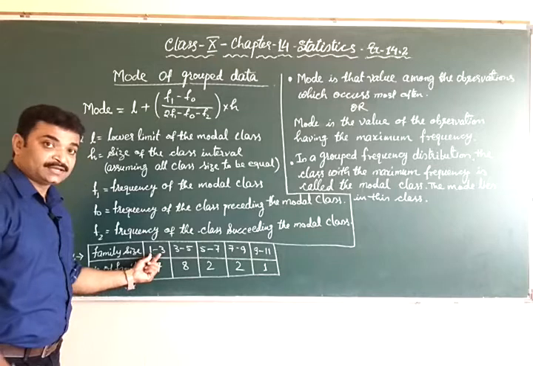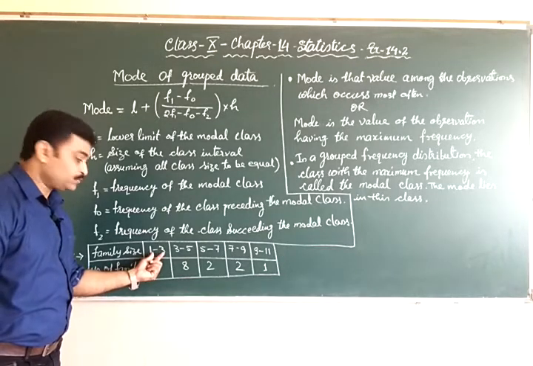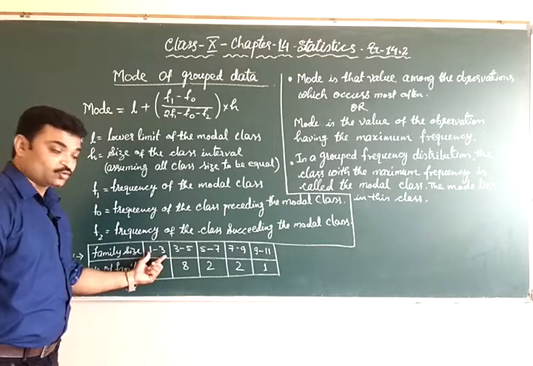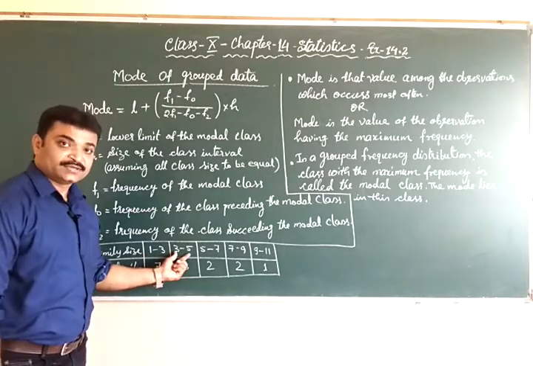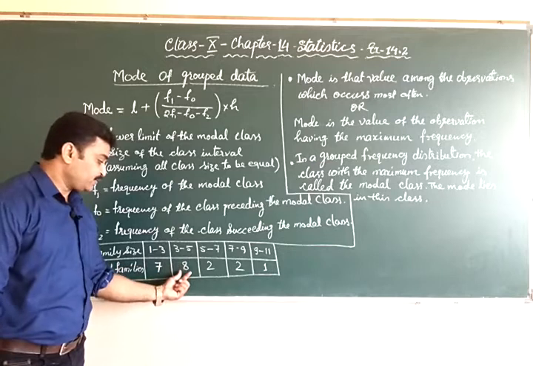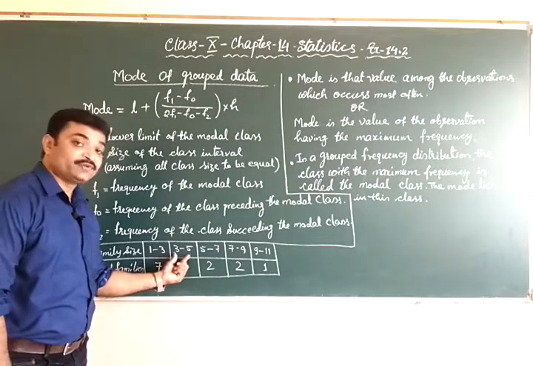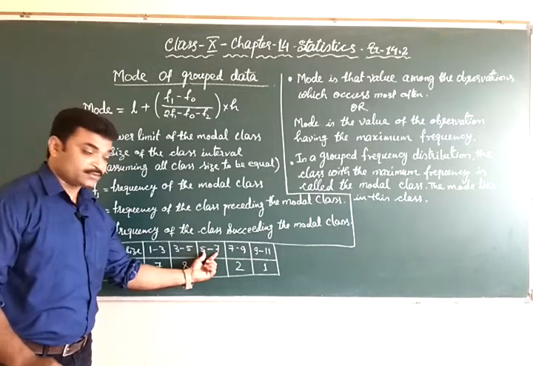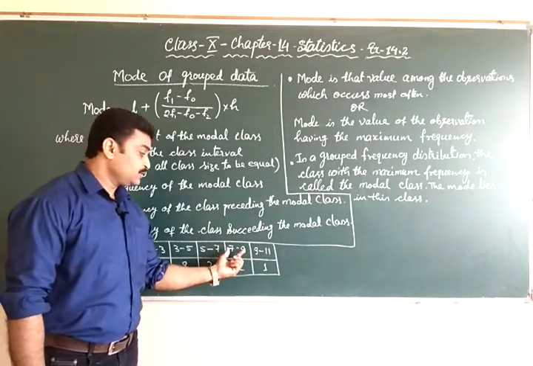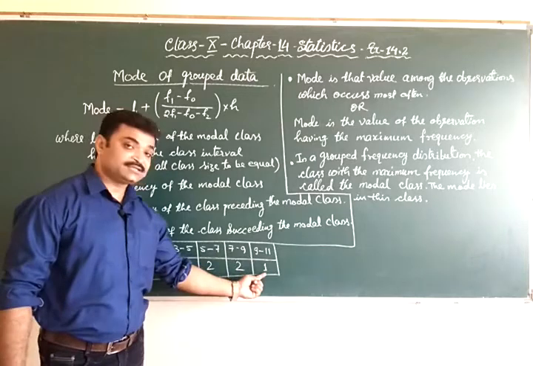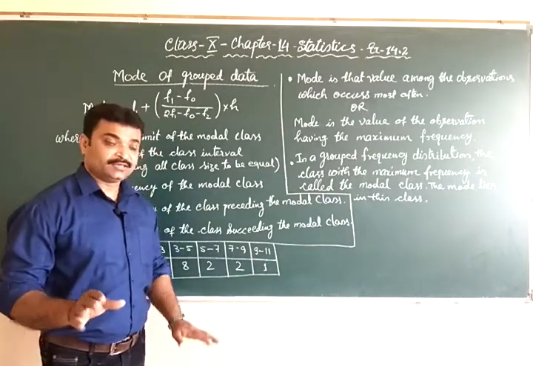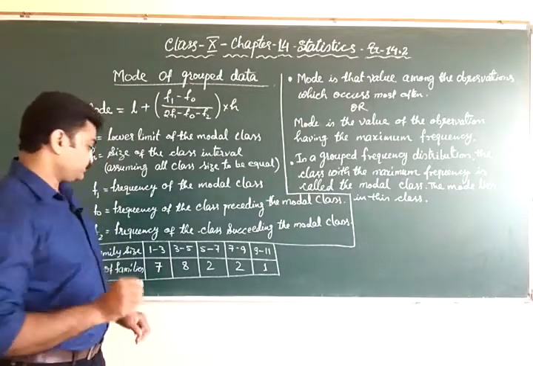How many families are there according to this class interval? 7 families lie in this group. 8 families have 3 to 5 members. 2 families have 5 to 7 members. 2 families have 7 to 9 members, and only one single family has 9 to 11 members. Clear? We have to find the mode.